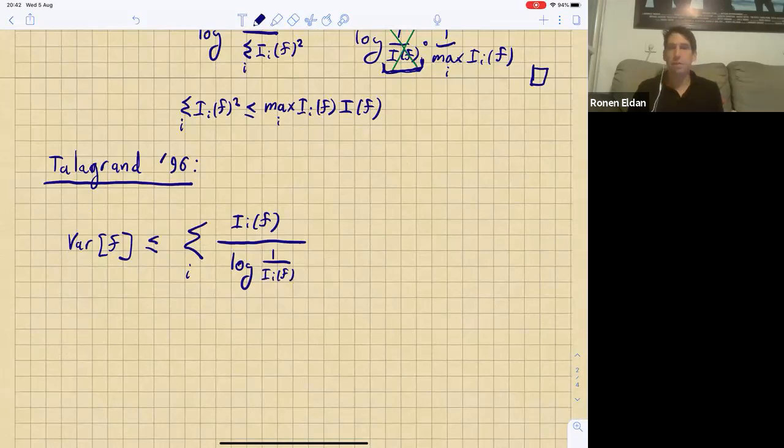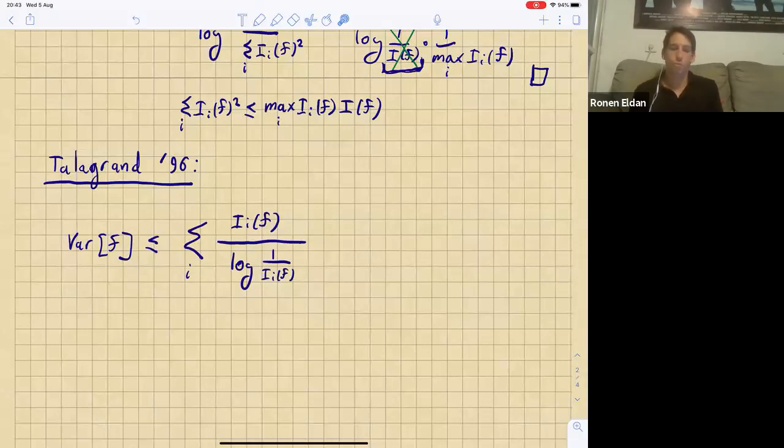Right, so this is a very natural thing to expect. Basically, what this inequality is telling us is that the influence is really not the right quantity to measure the effective variance in a certain direction. When the function is Boolean, the effective variance is really this thing, those are the things that add up to the entire variance.